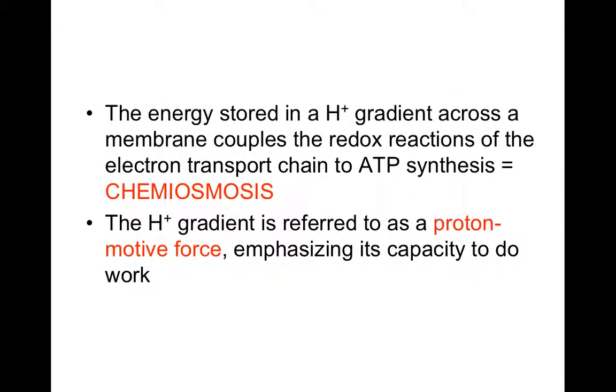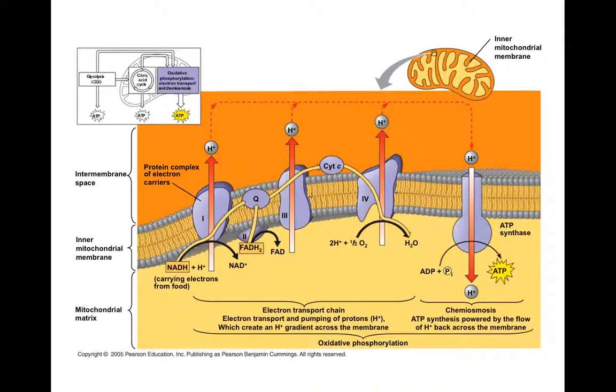So the energy stored in that hydrogen ion gradient across the membrane, coupled with the redox reactions of the electron transport chain, allows ATP synthesis to occur. This is chemiosmosis. The hydrogen ion gradient is referred to as a proton motive force, emphasizing its capacity to do work. In this picture, we're putting it all together.